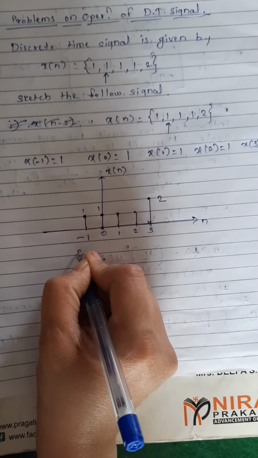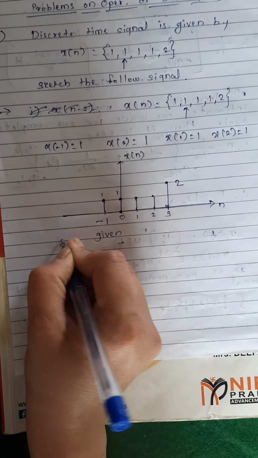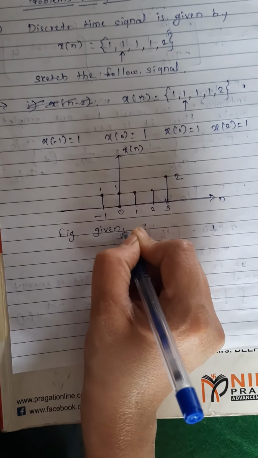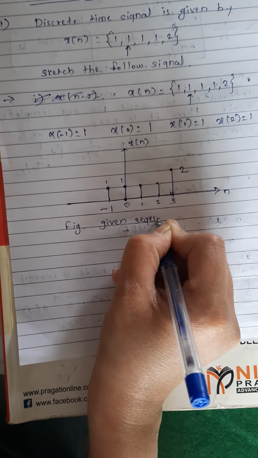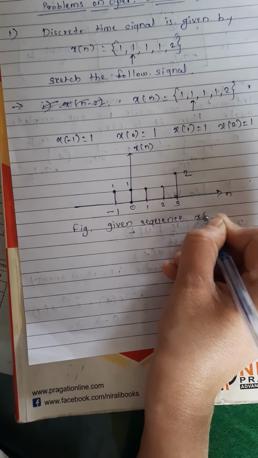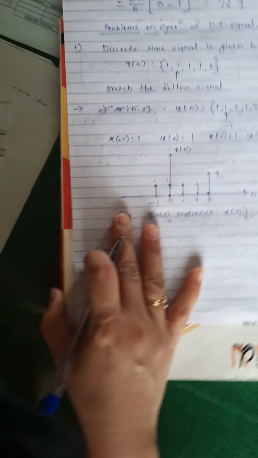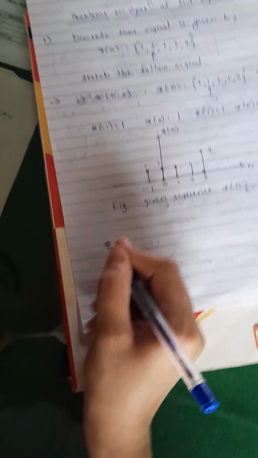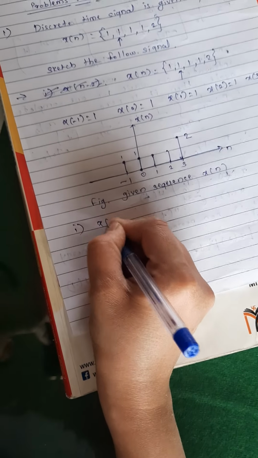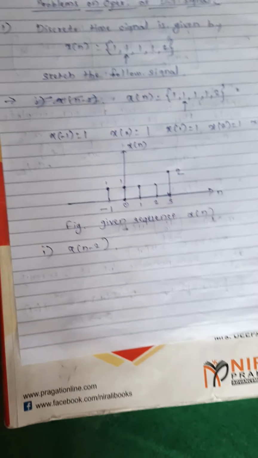This figure shows the given sequence x of n. So first we have to draw the signal x of n minus 2.